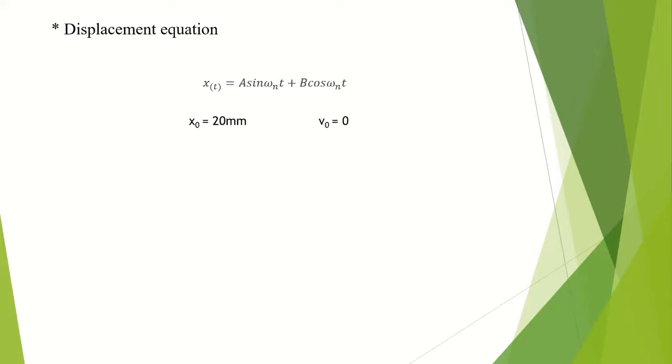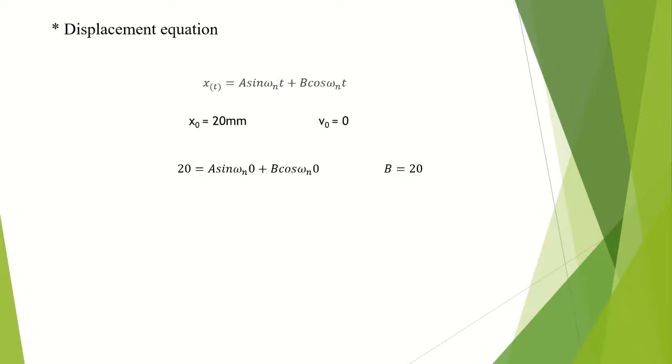We use boundary conditions to solve for a and b. Let the initial displacement be 20 mm, and the initial velocity be 0. In the displacement equation, we substitute x equals 20 mm at time equals 0. We get b equals 20 mm.